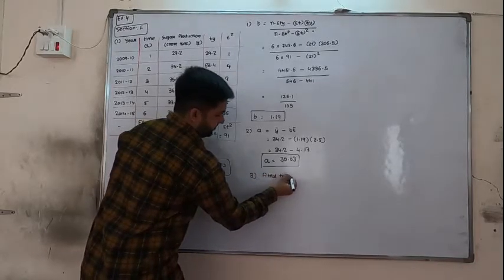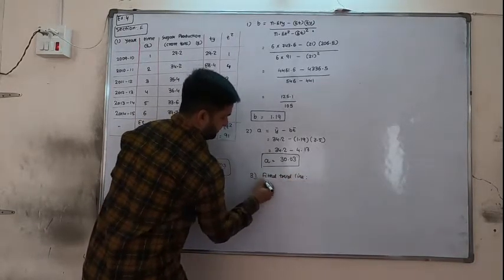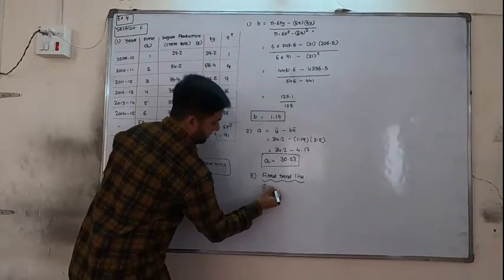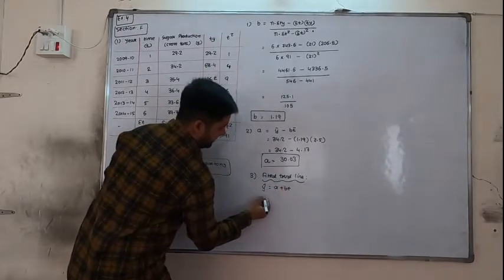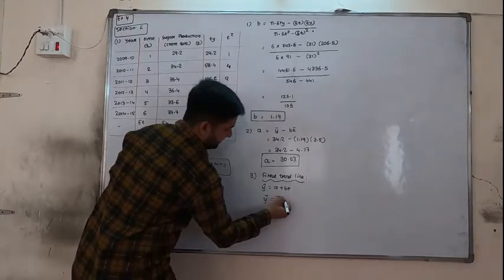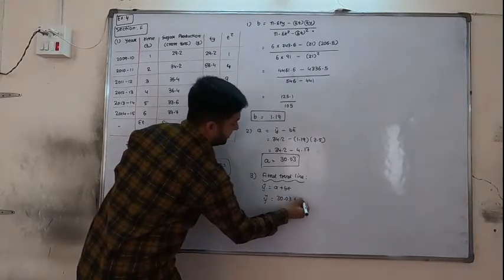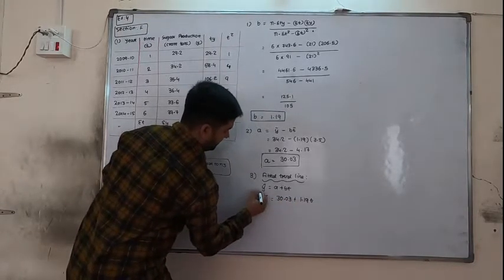Fitted trend line: Y cap is equal to A plus Bt. Y cap is equal to 30.03 plus 1.19t.